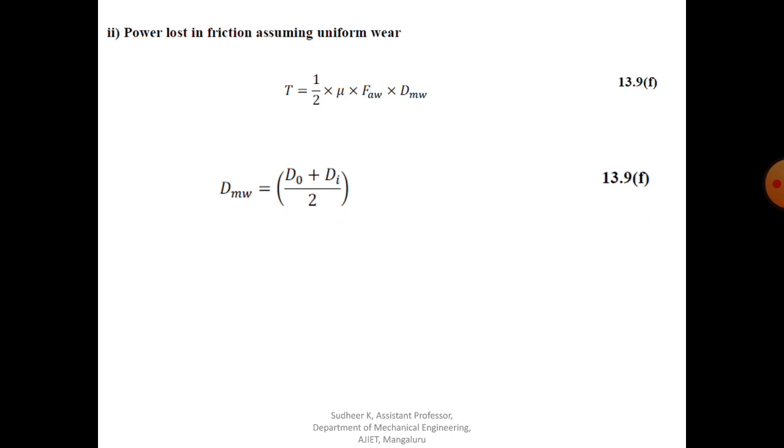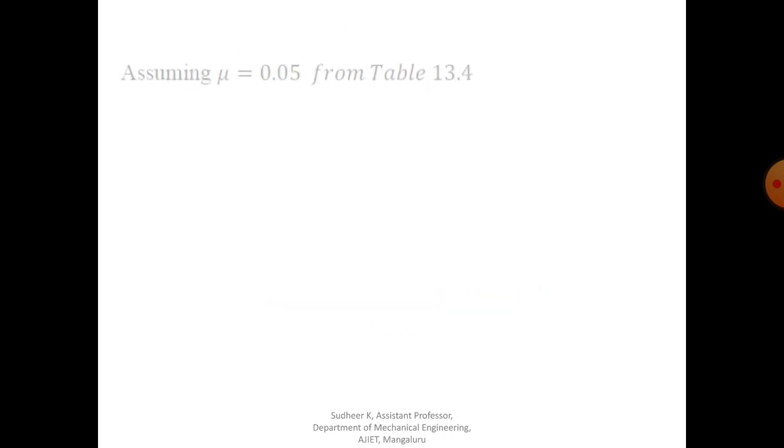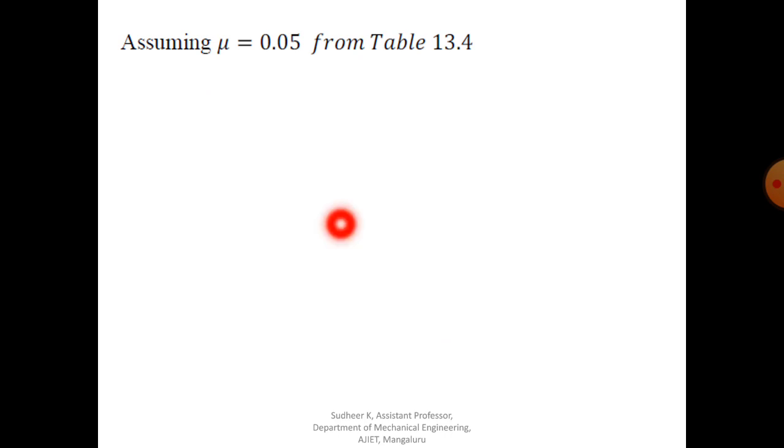Now first find the mean diameter of the collar, D outer plus D inner divided by 2, because of the uniform wear condition. So the mean diameter of the collar is 500 plus 300 divided by 2, which is 400 millimeter. Now assume the coefficient of friction if it is not given.